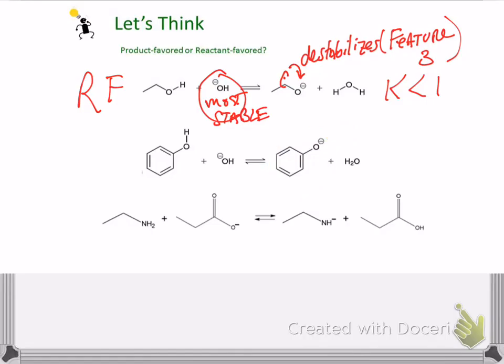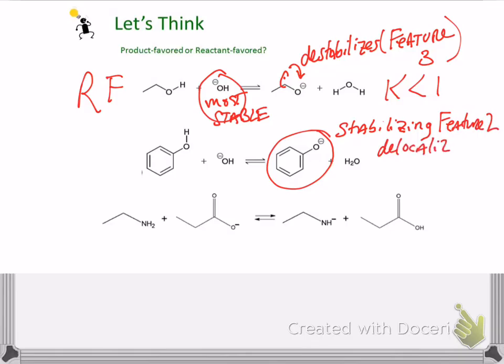In the second reaction, we see in the products that feature 1 is going to be the same as it was above: negative charge on oxygen, negative charge on oxygen. But now we have a single bond, double bond in the products. That's going to be the stabilizing feature 2, with delocalizing electrons.